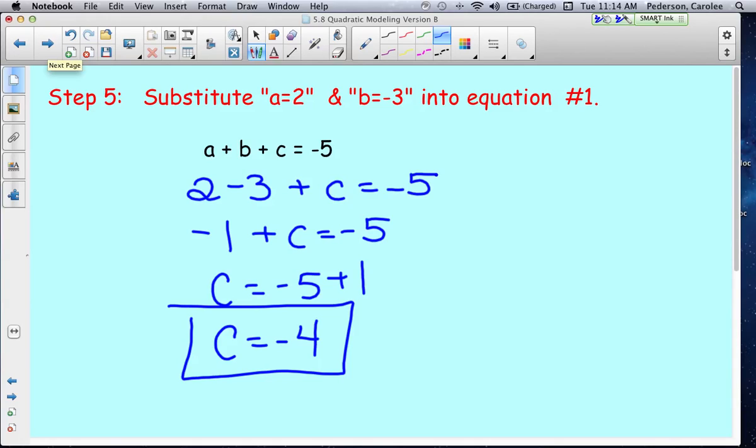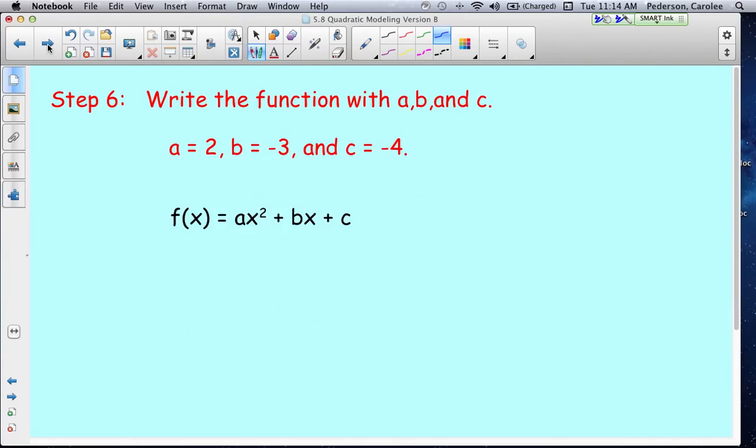All right, last step is to take the a, b, and c values that you found in your system and substitute them into the function. So my a value was 2, my b value was negative 3, and my c value was negative 4.